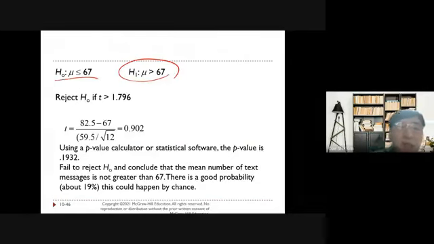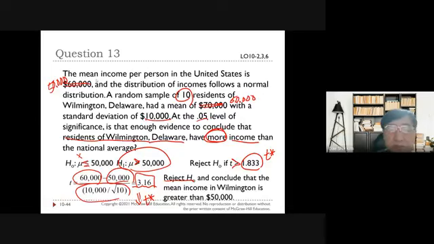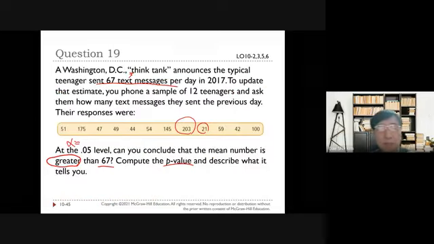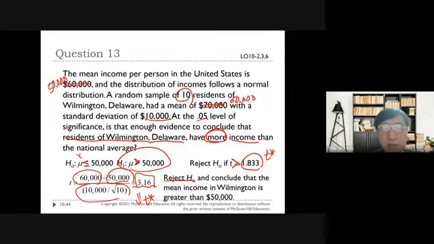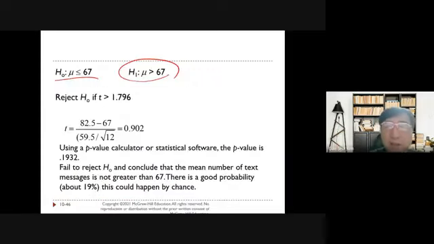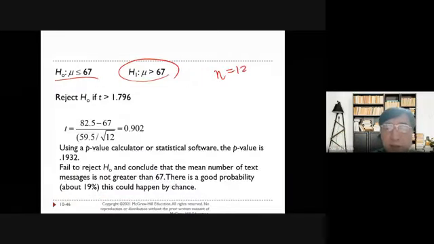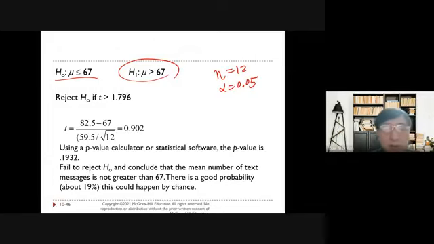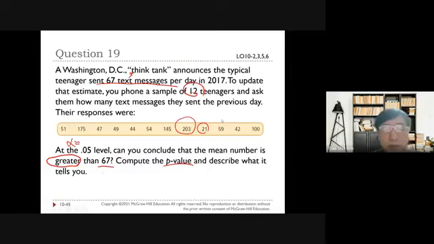The null hypothesis is less than or equal to 67. Here n is 12 and alpha is 0.05.